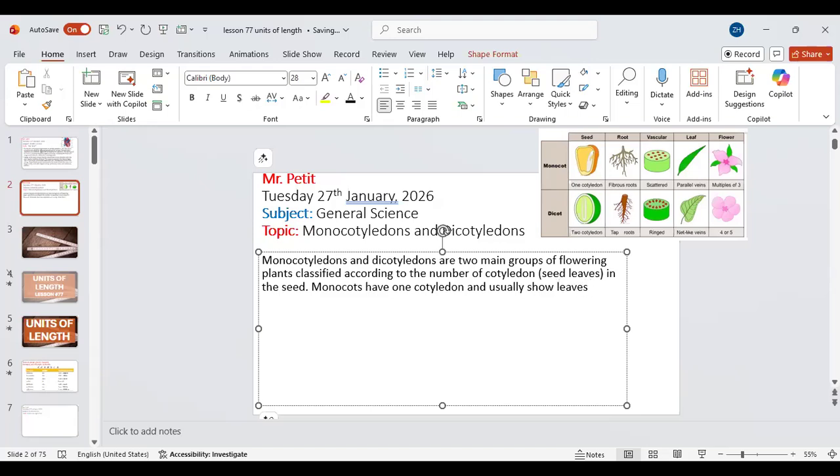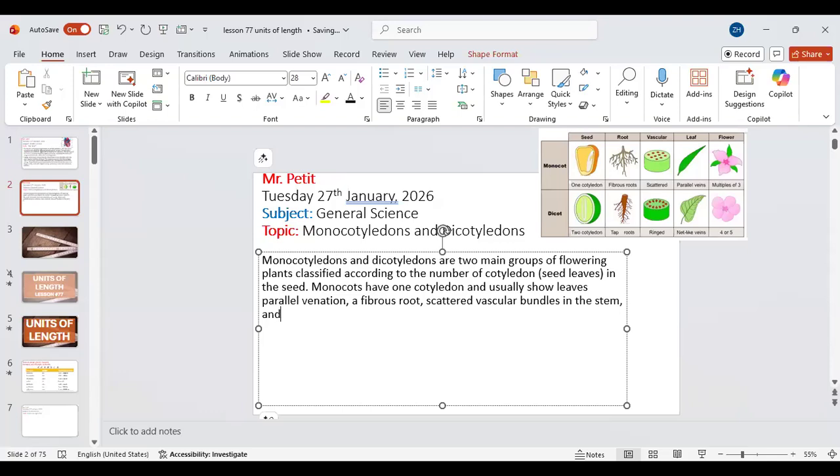Parallel veins. Very good. Parallel venation. A fibrous root. Scattered vascular bundles in the stem.